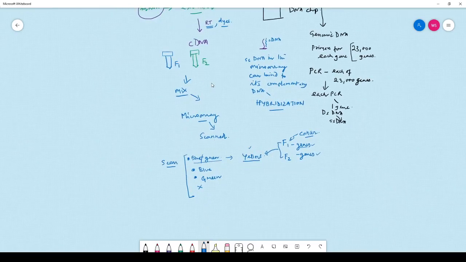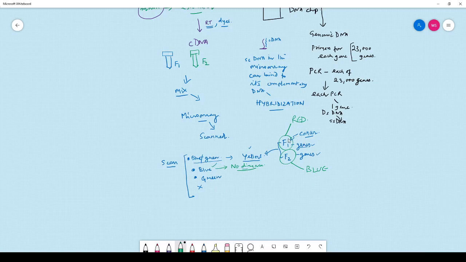Blue is of F2. In certain areas only the blue is expressed. If blue is expressed, it means a person with no disease. That area is the genes which are expressed in a person having no disease. They express blue.